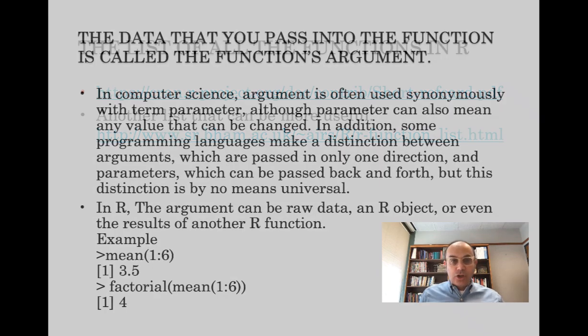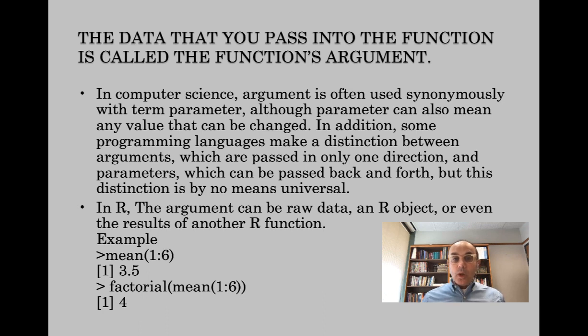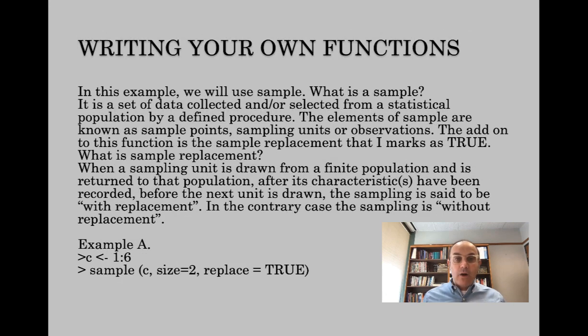Again, the R functions. The data that you pass into the function is called the function arguments. And again, a function can have multiple functions. In example number 2, after the example of the mean, you see factorial, and then I open up another function called mean in order to calculate the outline.